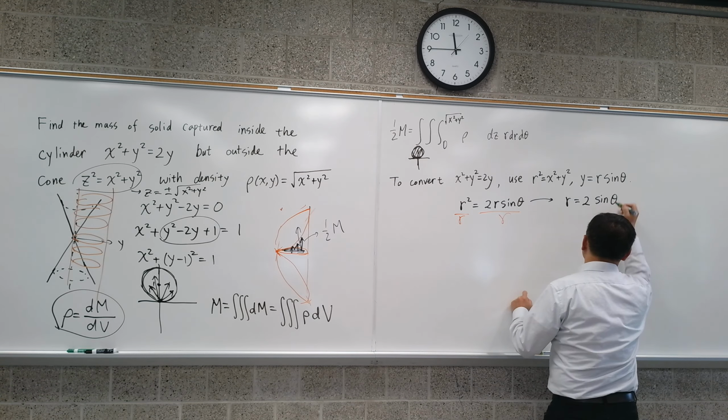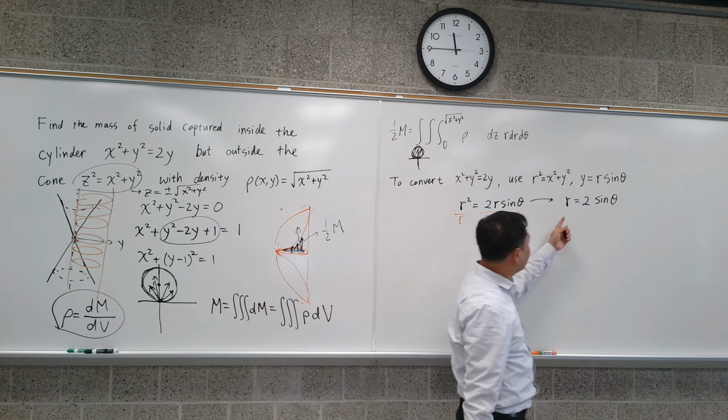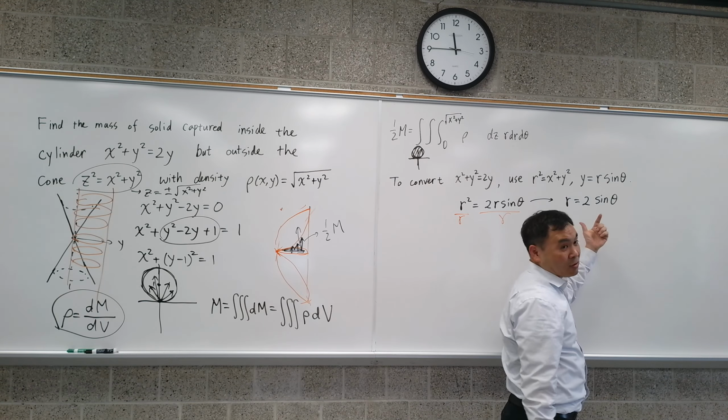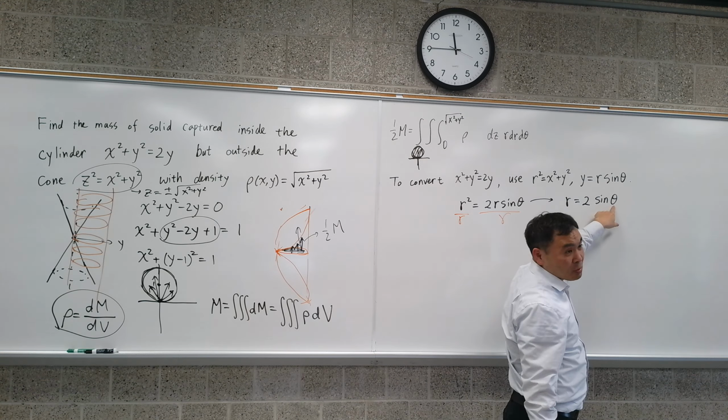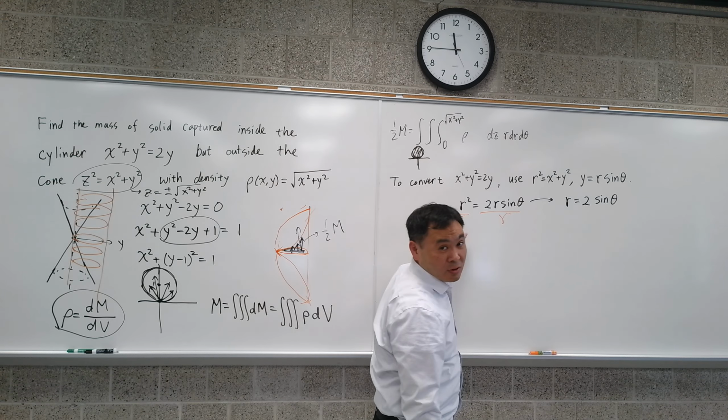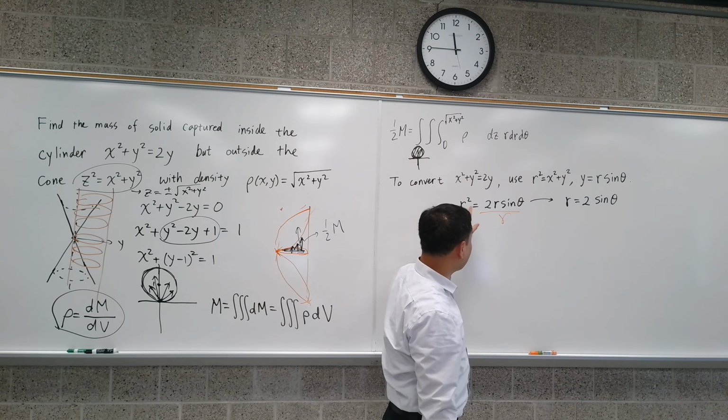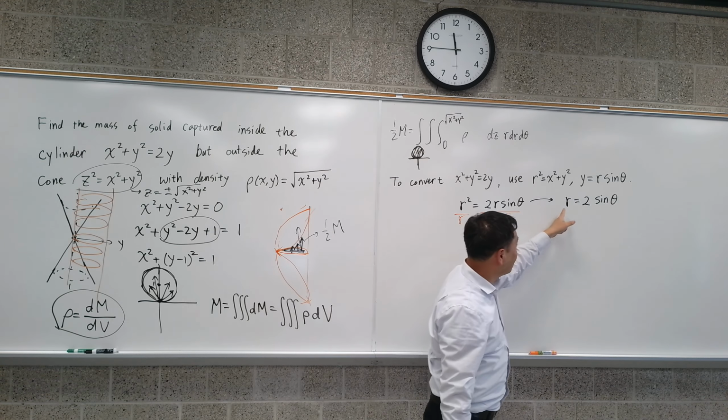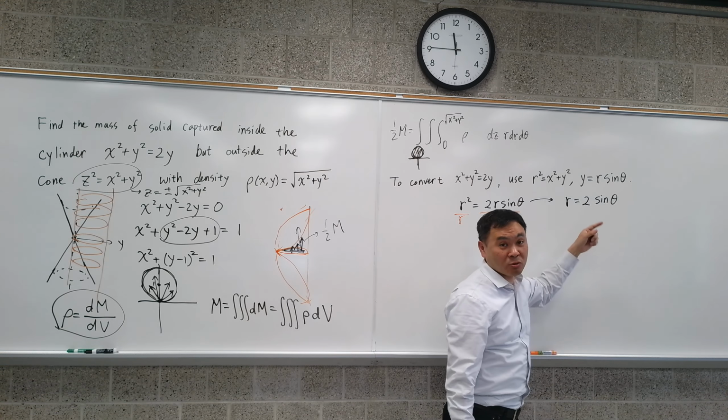And one thing that you have to check is whether this still passes through r equal to 0, and the answer is yes, because if you put theta equal to 0, it does give you r equal to 0. So it's not like we're losing anything by dividing the r out. Okay, so the graph that you get by doing this one, or whether you do this one, you get the same exact graph.